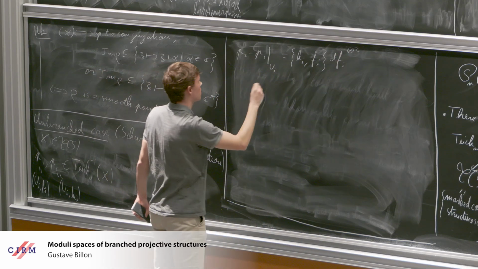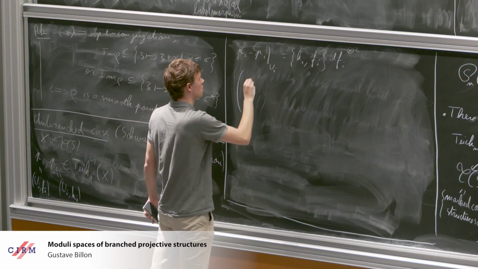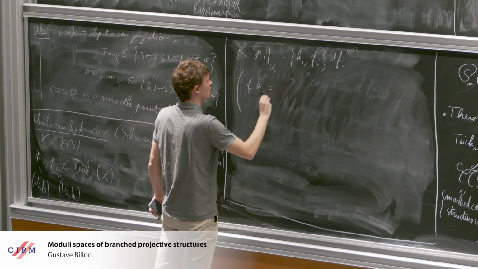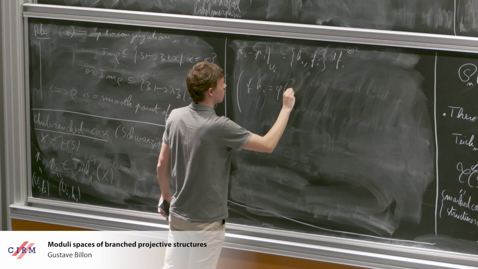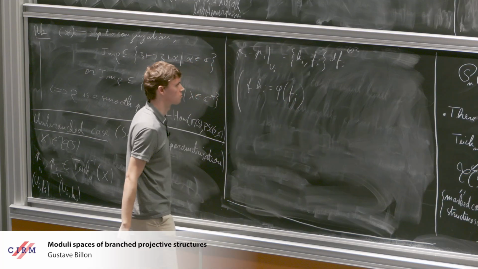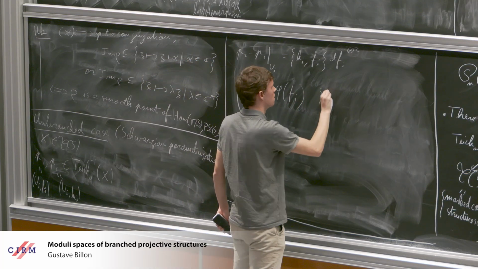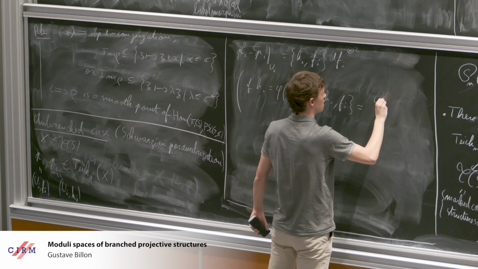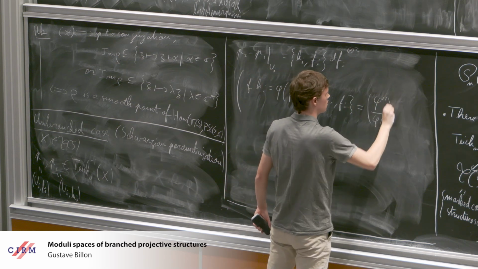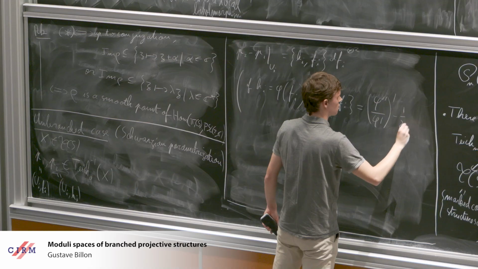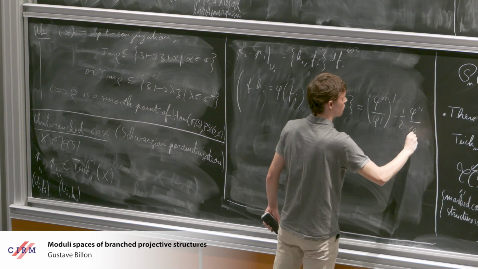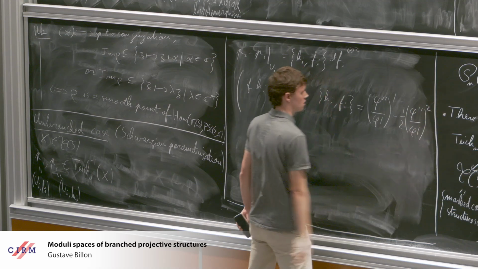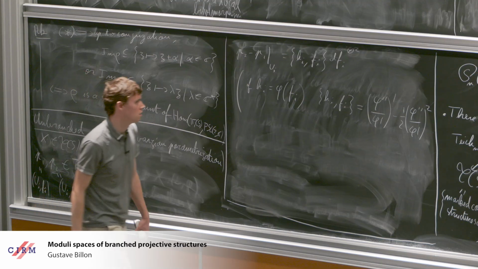So this bracket is the Schwarzian derivative. If I write hi is phi of fi, then the bracket {hi, fi} is phi triple prime over phi prime minus 1/2 (phi double prime over phi prime) squared. The Schwarzian derivative.